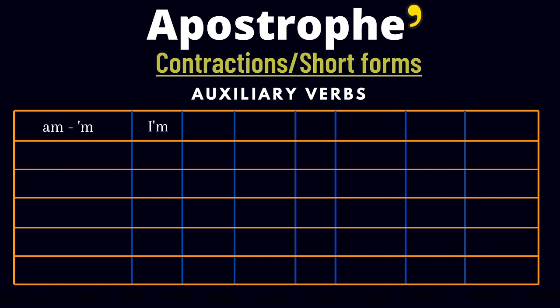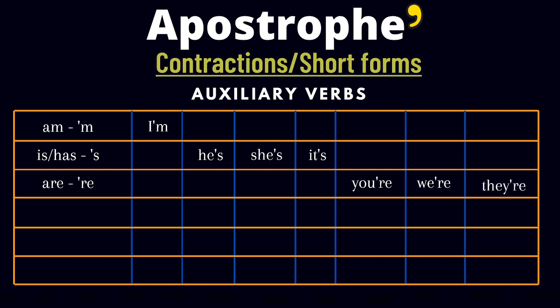Am becomes apostrophe m when it is used with the pronoun I. Is or has is denoted as apostrophe s. For short forms, it becomes he's, she's, it's. Are becomes apostrophe re: you're, we're, they're.